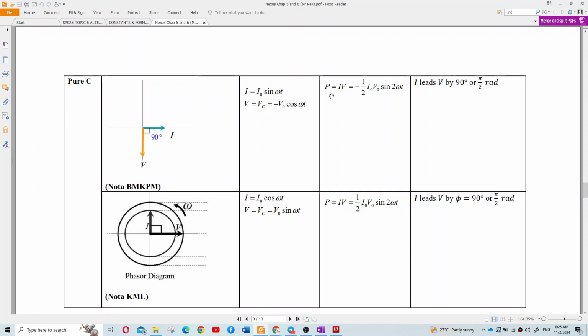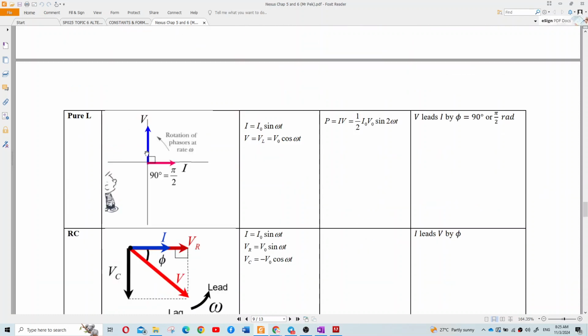Pure capacitor. If for power we multiply these two formulas, I sine multiplied by negative V cos, we get this formula: negative 1 over 2 I naught V naught sine 2 omega t. This one I will discuss later. So pure capacitor is current in front, current leading voltage.